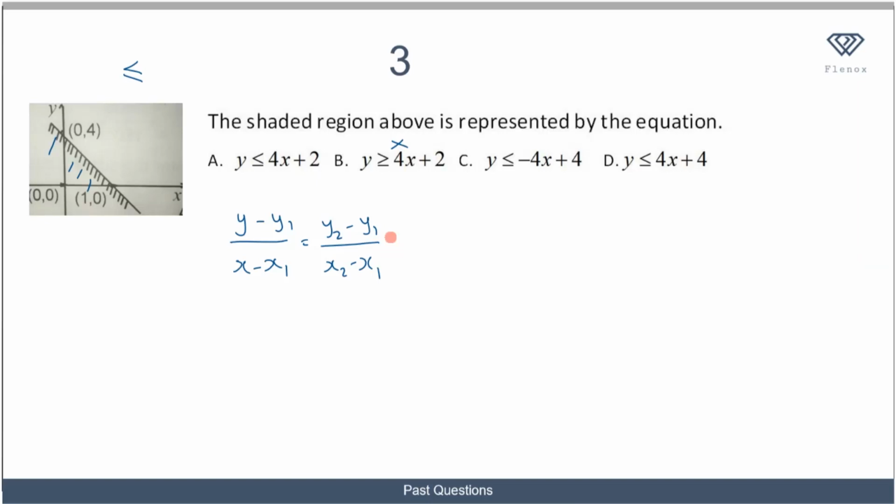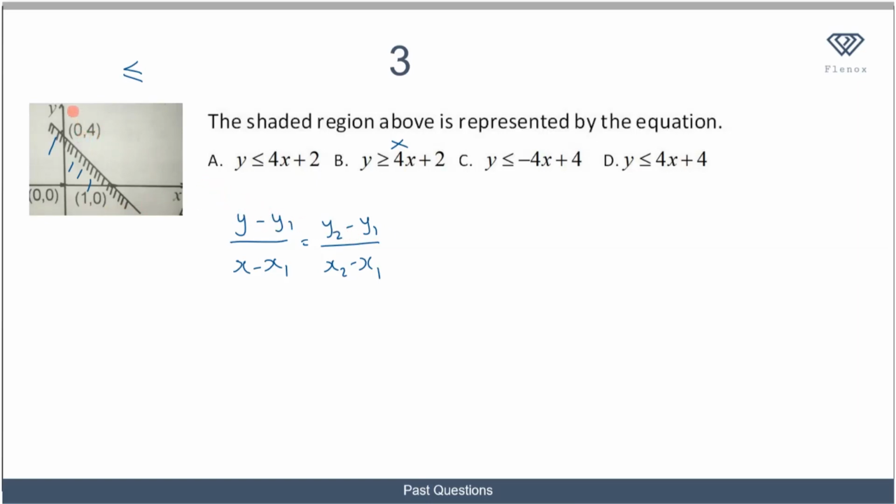They require you to use knowledge from two or more topics to answer them, and this is an example. So if you don't have knowledge of the equation of a straight line, you can look at the section on the equation of a straight line and see how we work around it. So this is the formula.